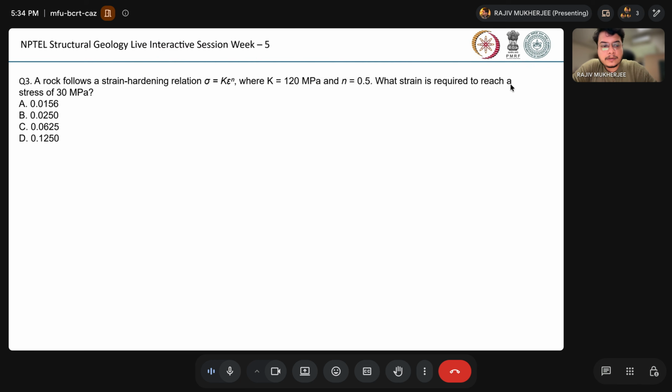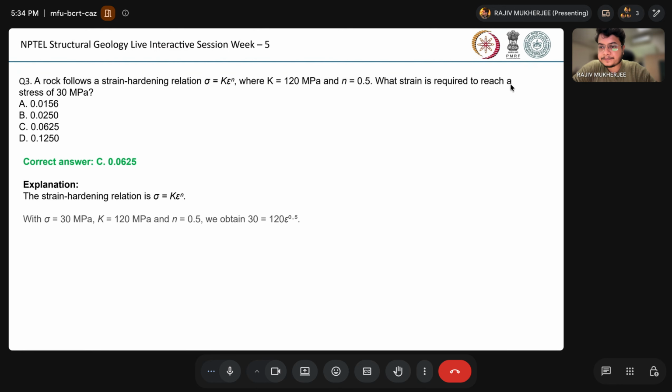Okay, so let us see how this has been solved. The correct answer is C, 6.25% of strain. Now to give the explanation, of course the strain hardening relation is given, sigma is equal to K times epsilon to the power n.